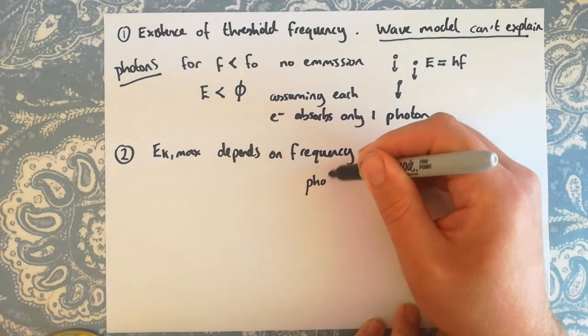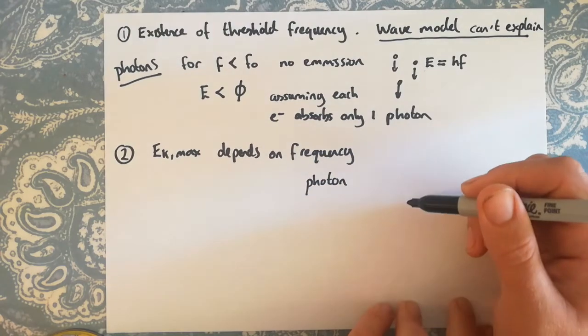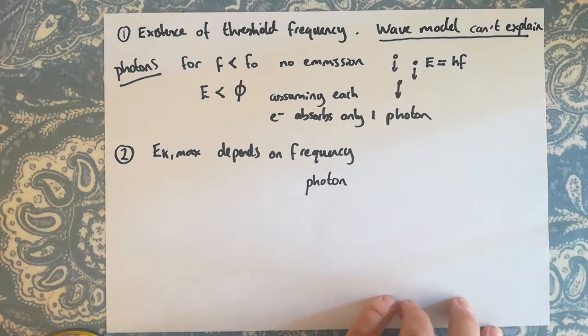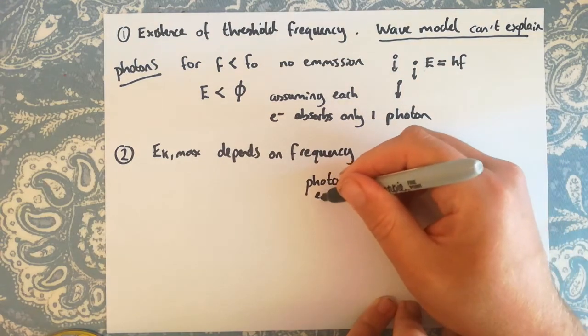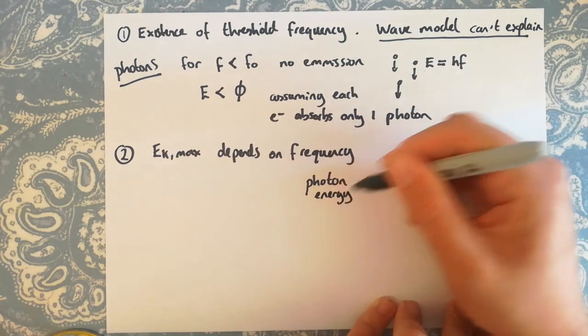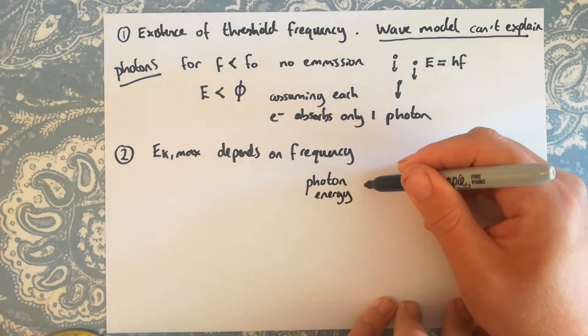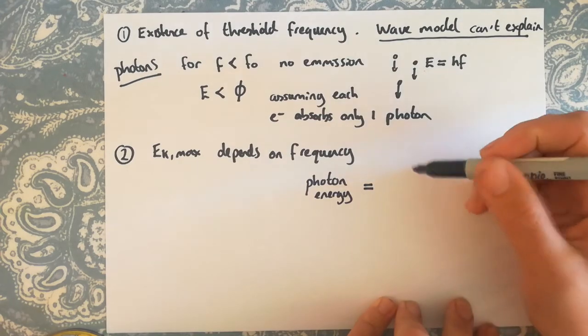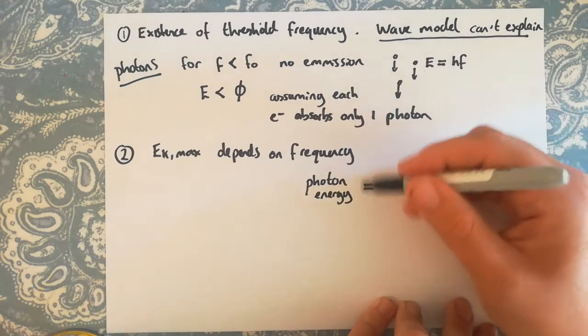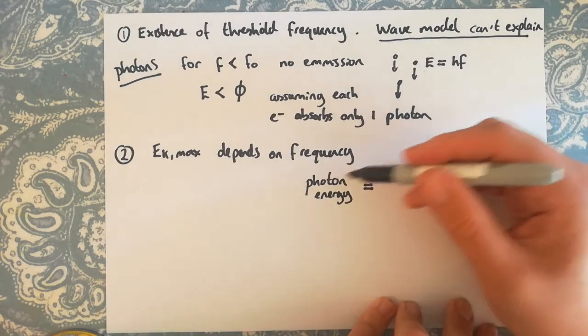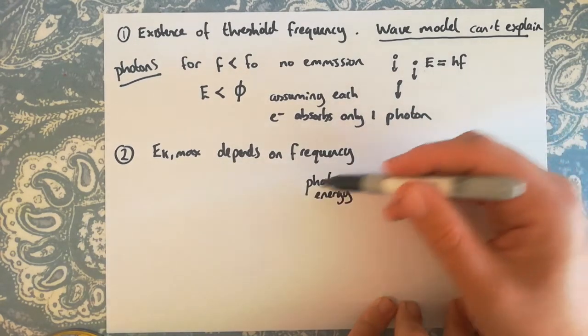this is where we're going to come across the equation, the formula rather, that you need to be able to use regarding the photoelectric effect. So we're going to write down a relationship here using conservation of energy.